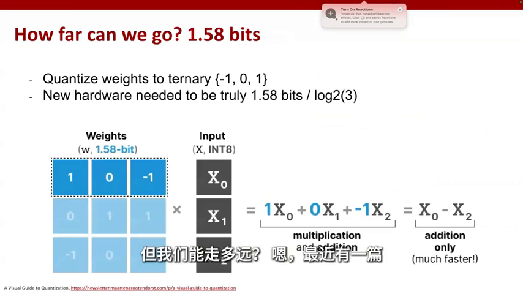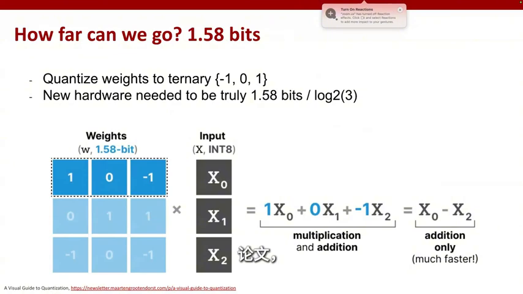But how far can we go? There was a recent paper that quantized the weights of the model to ternary weights, which are either 1, 0, or -1.